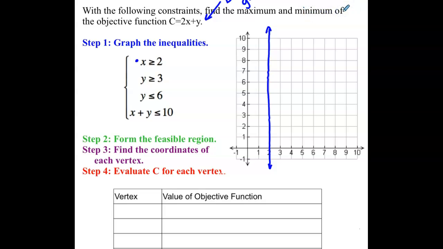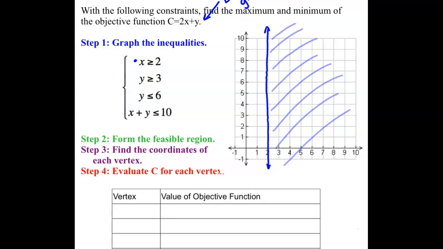We want x's to be greater than or equal to this value. So we're shading all of this section. All right, our second inequality says y has to be greater than or equal to 3. And I'm actually going to combine these because the first one is saying that y has to be greater than or equal to 3, but we also want y to be less than or equal to 6.